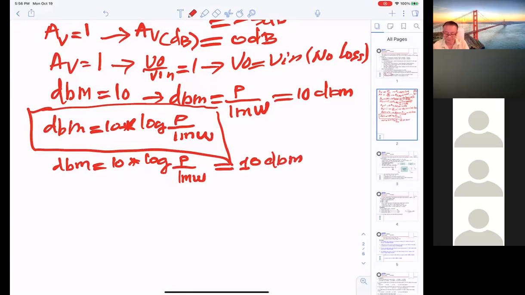Okay. Any question? Okay, go ahead and ask. Okay. Now, I want to get the log only. So I say log of P over 1 milliwatt equal 10 divided by this 10, equal what?